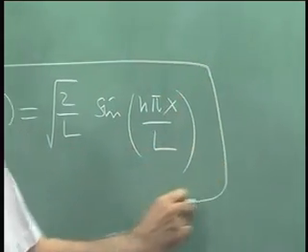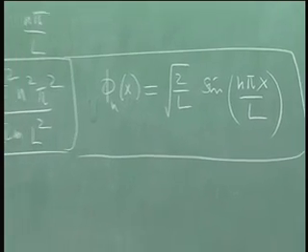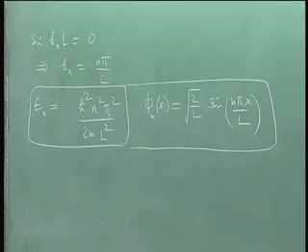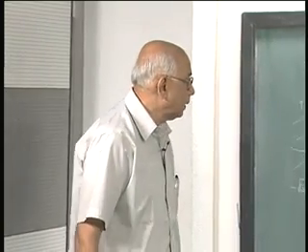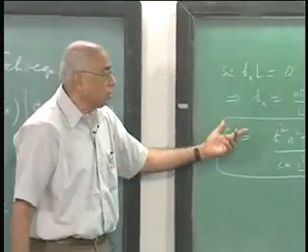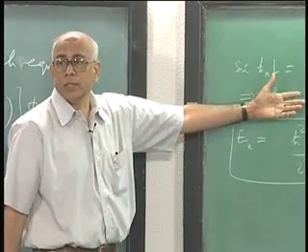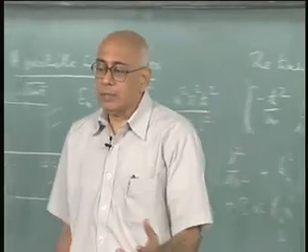And what are the allowed values of n? Is it 0, 1, 2, 3, 4 or 1, 2, 3, 4? Well, as it stood, n was just an integer here. Why do I choose only the positive integers?